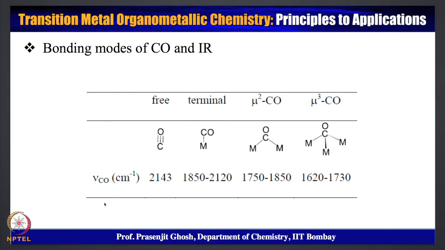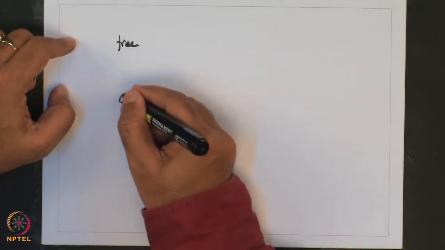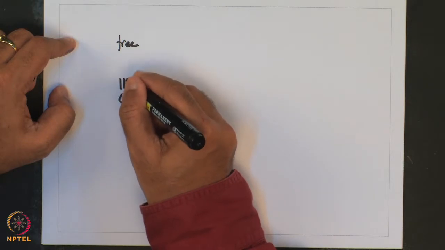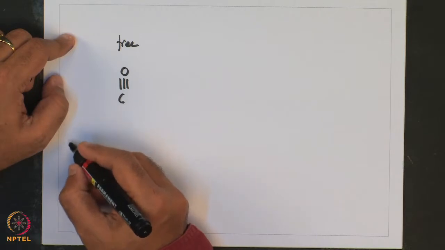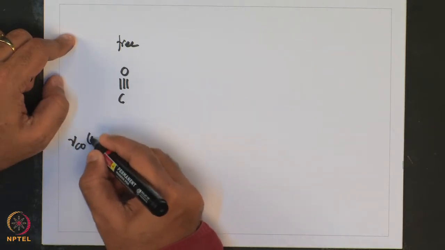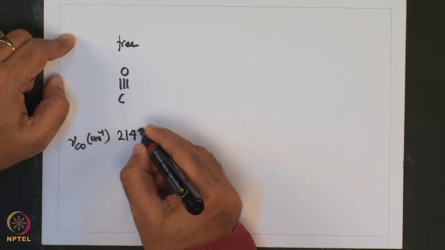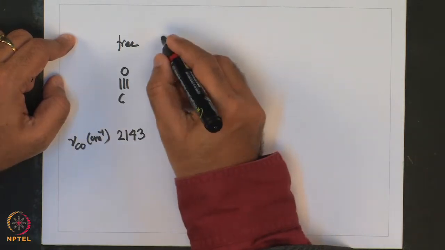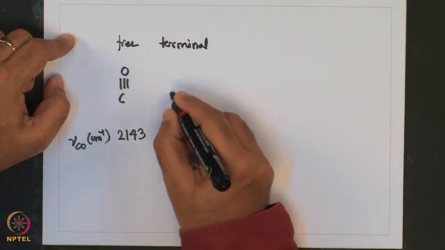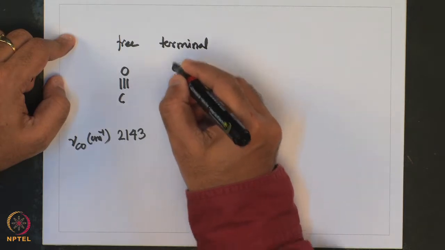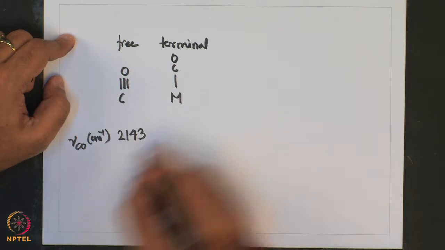For example, for free CO, the nu CO stretch is 2143. For terminal CO, the nu CO stretch has reduced.